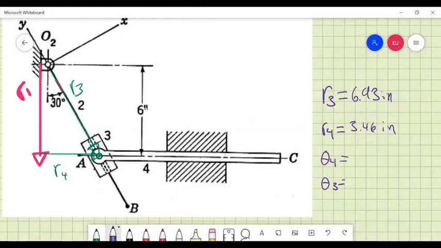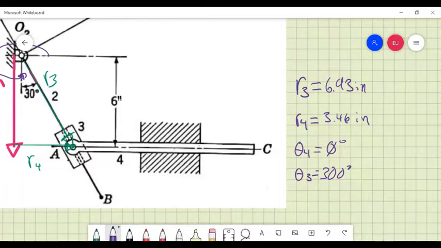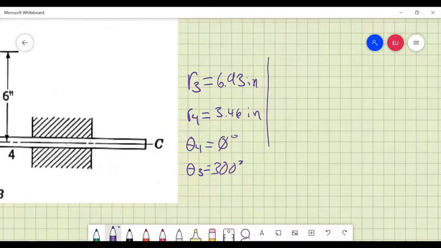Theta 4 was equal to what? 0, right? 0. Theta 3, 300. Yes. Okay, thank you, Gustavo. And so this comes from position analysis.